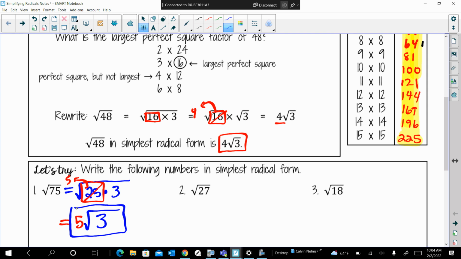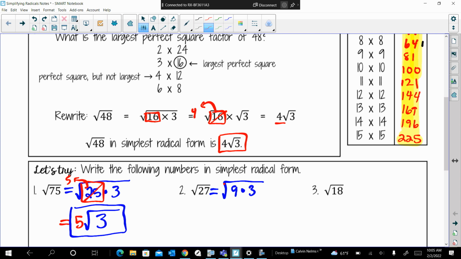So, looking at 27, square root of 27. 9 and what? 9 times 3. So you write underneath the radical symbol 9 times 3. This is the work I have to see to receive partial credit, because it's possible that you pick a factor that works, but maybe you didn't simplify it all the way. So you can still get credit for the problem. Now, which number is the perfect square?